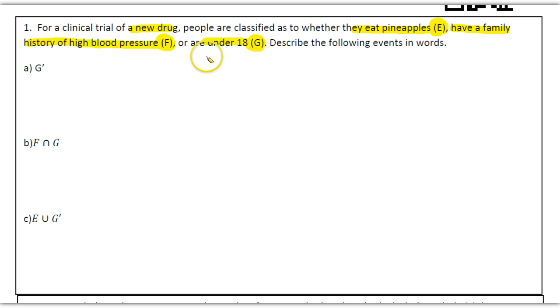So to start us off, they're asking us, in a kind of mental Venn diagram, what is G complement? Well, if set G is under 18, G complement would be 18 or over.